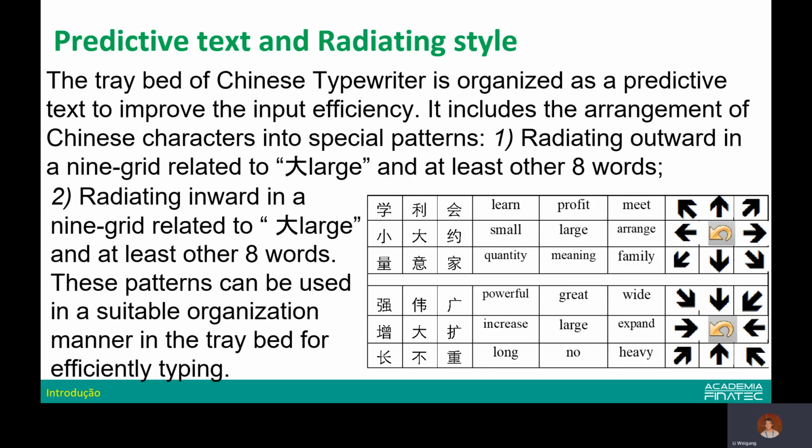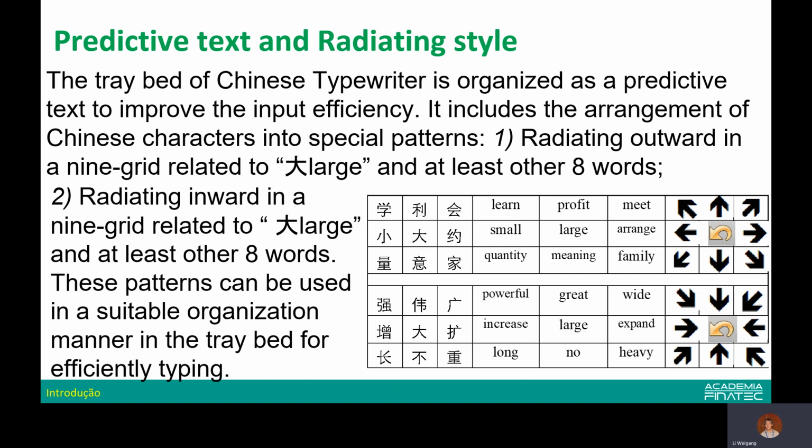The treatbed of the Chinese typewriter is organized as a predictive text to improve typing. It includes the arrangement of Chinese characters into special patterns. 1. Radiation outward in language-related to 大 and at least 8 other words.